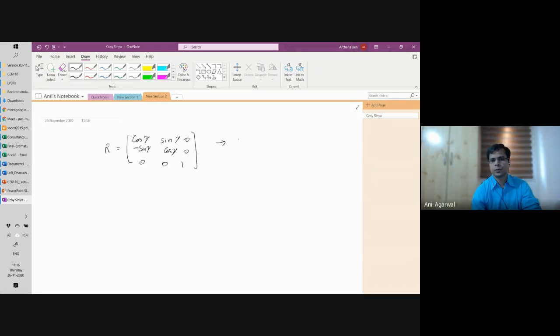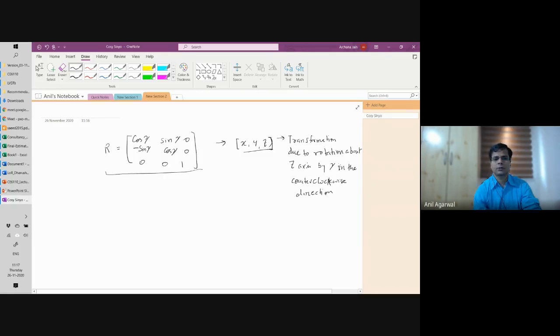This took care of a three component vector that had x, y, z components, and it took care of the transformation due to rotation of the coordinate system about the z-axis by an angle gamma in the counterclockwise direction. Fine. This is what the R matrix did.